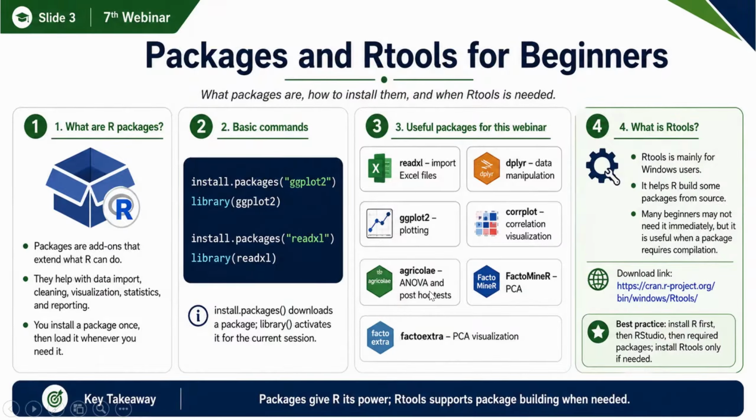Then five, agricolae, basically used for ANOVA analysis and post hoc test. Then the sixth one is FactoMineR for PCA. While for PCA visualization, you have to install factoextra.